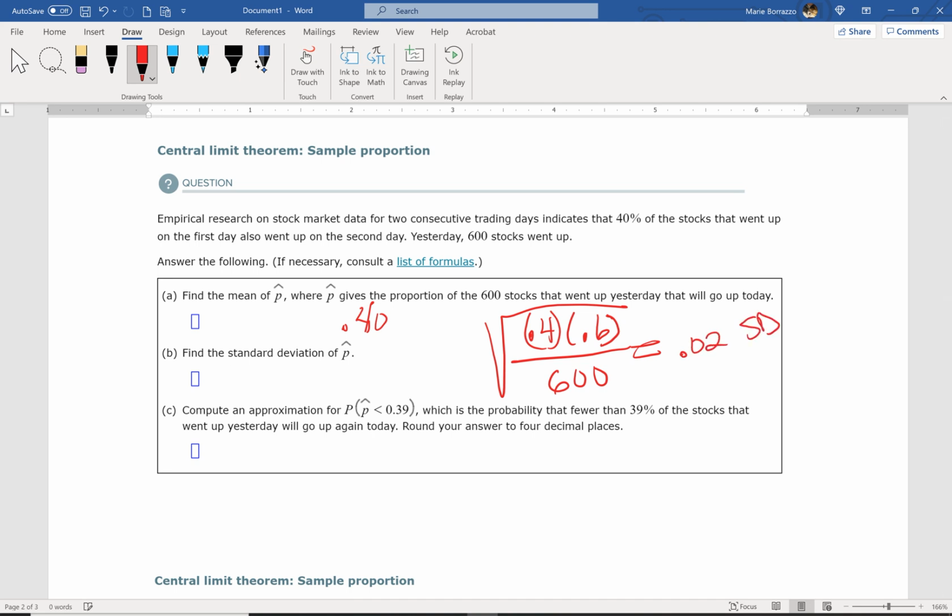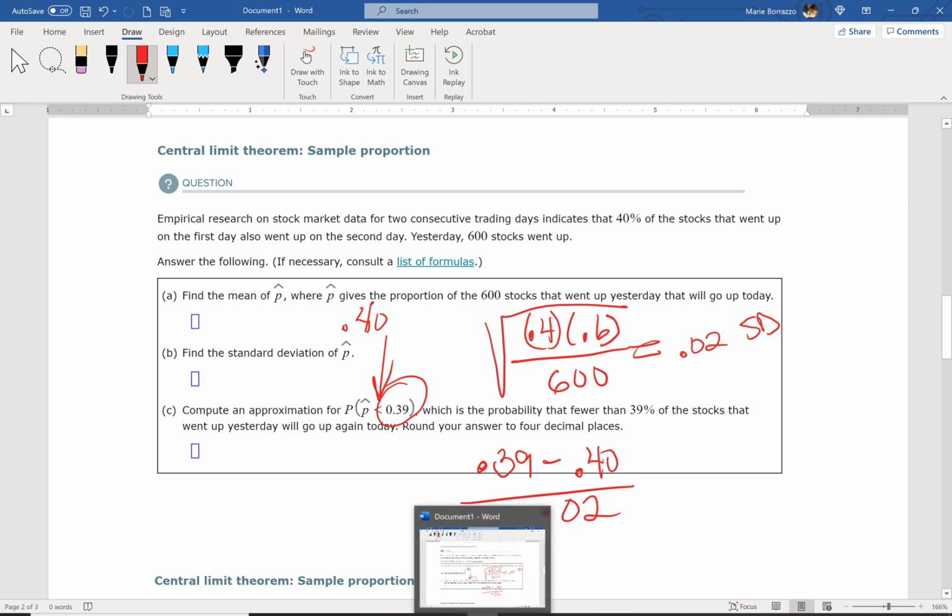Now, if we apply the formula, notice that they're giving us p-hat at 0.39, so we're going to go with 0.39 minus 0.40 divided by 0.02. Notice the direction of the inequality, which is less than.